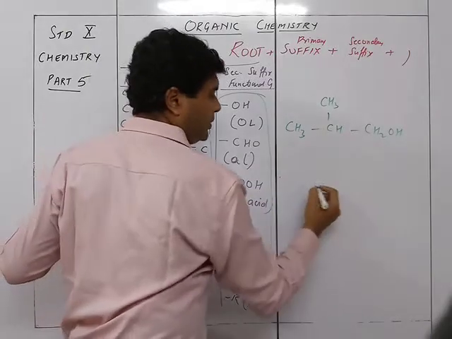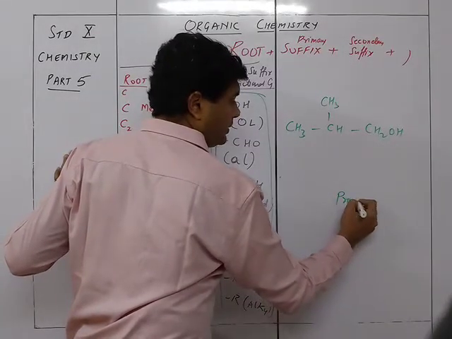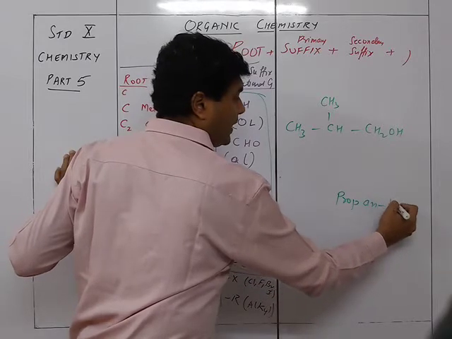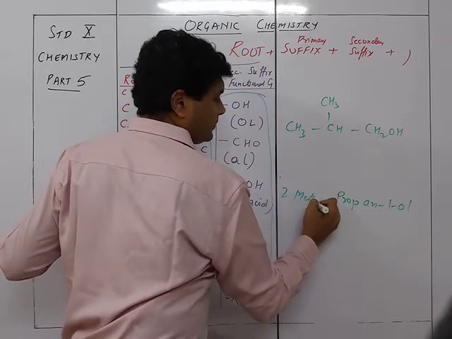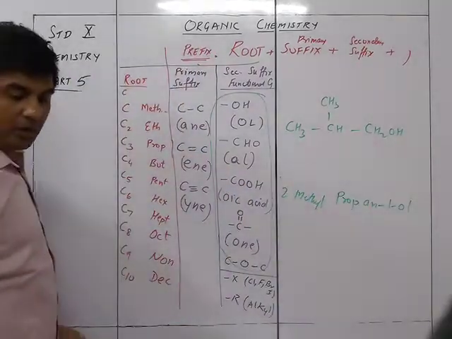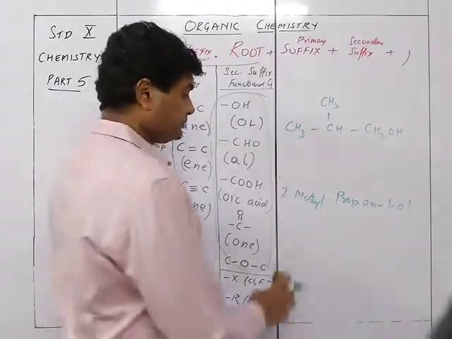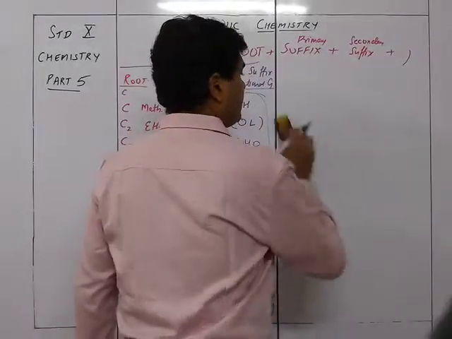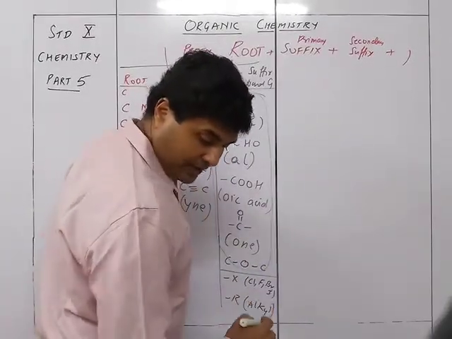So accordingly 3 is nothing but propane. So it is propan-1-ol, 2-methyl. So 2-methylpropan-1-ol will be the answer for the 14th one. Let's see the 15th one now. That's a big one. So let's see.